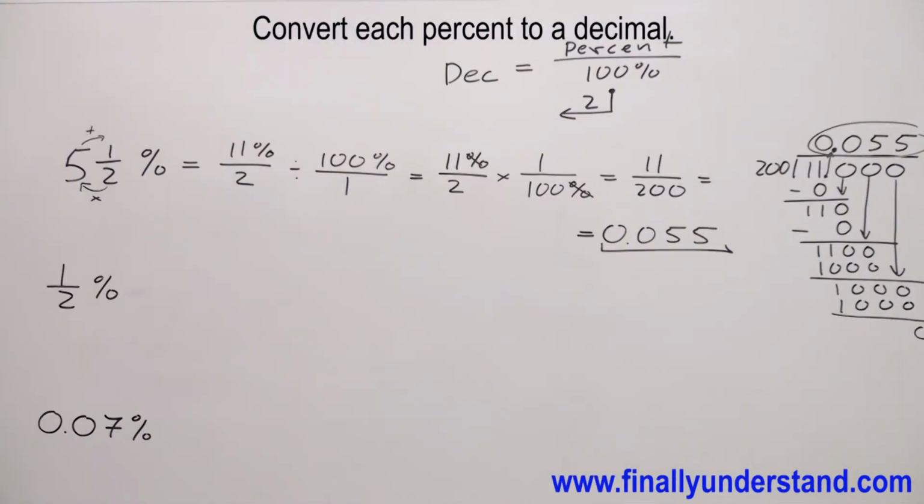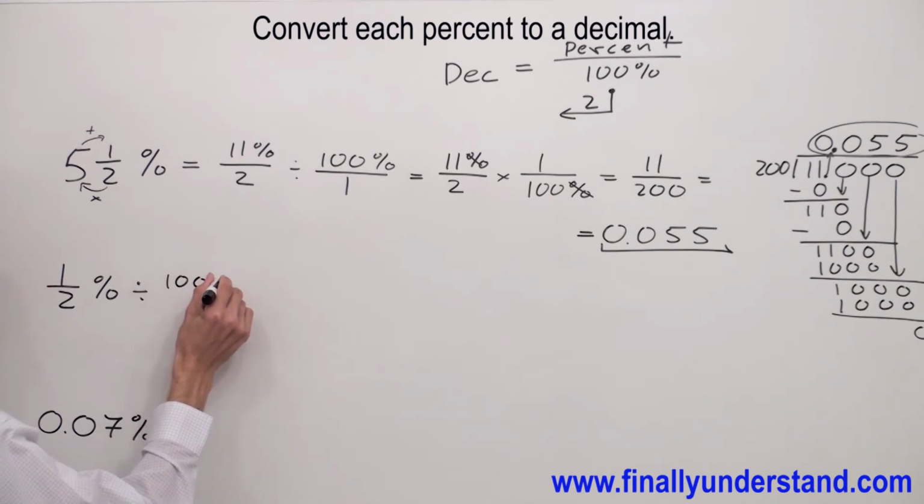Let's take a look at another example. Okay, this time I have 1/2% and I have to convert this to the decimals. Anytime you want to convert percent to decimal, you have to divide the percent number by 100%. So what I'm supposed to do first, I have to divide 1/2% by 100%.